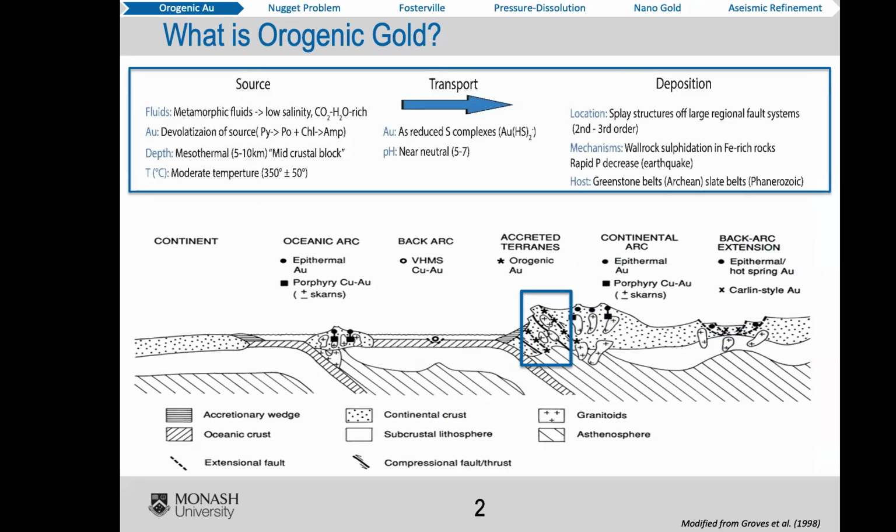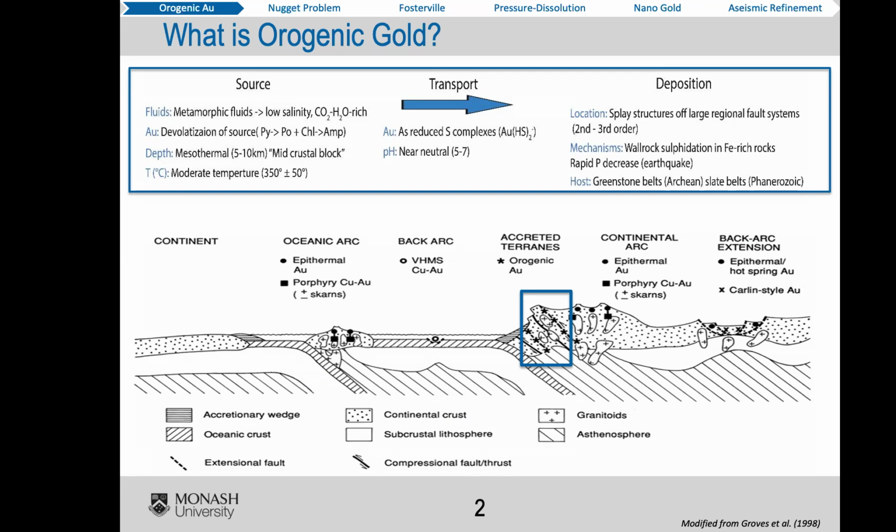So we're talking about orogenic gold. So gold related to orogeny, which is the worst term ever. But these things are metamorphically sourced, depending on who you ask, deposits. They look like quartz vein hosted gold deposits, right? For the source, we usually say metamorphic fluids, low salinity, water rich, CO2 rich.